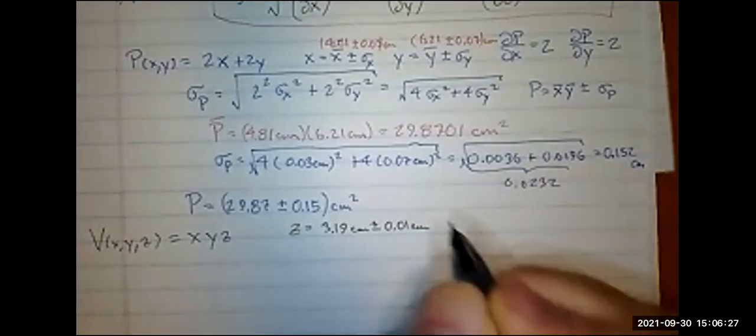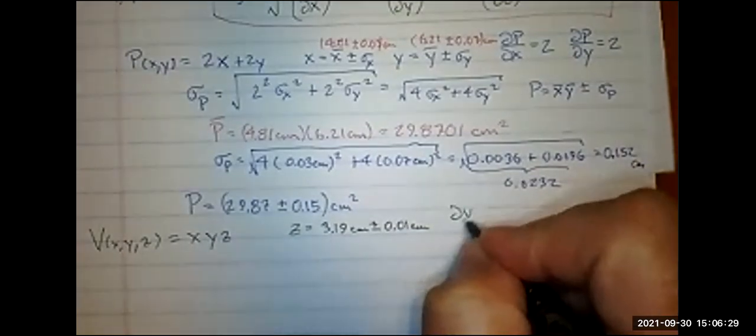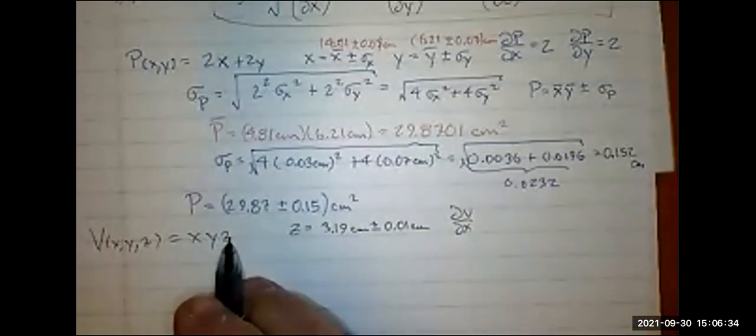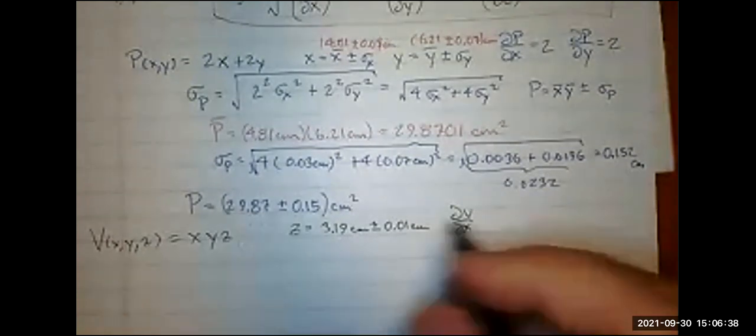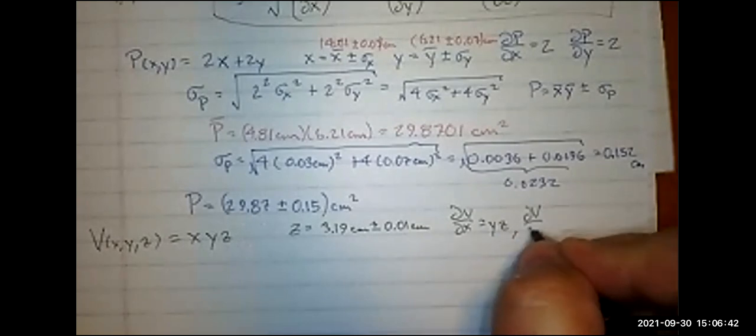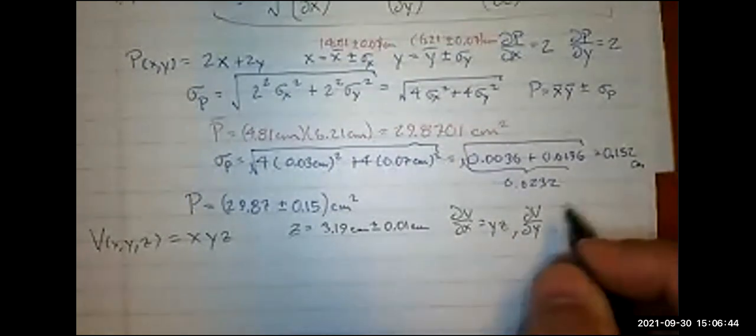Okay. So I can see the partial of V with respect to X. That's like X times 2 times 3. Well, the derivative of X times any number is just that number. So it's 2 times 3, which in this case is YZ. The partial of V with respect to Y, can y'all figure out what that one is?